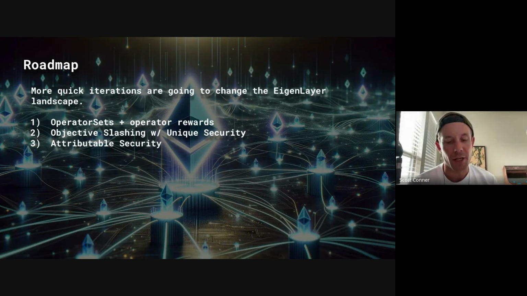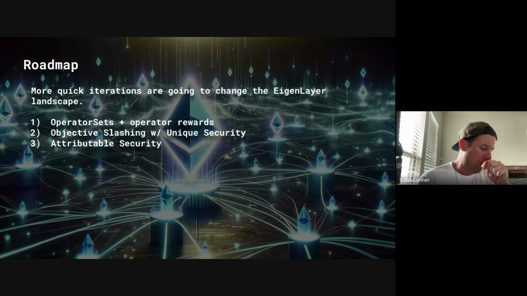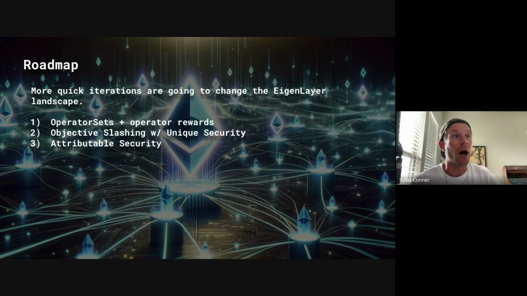The recommendation here would be to make sure that only those people are registered in your operator set. We have something called standby mode. So if somebody's signing rate isn't high enough, you can kick them into standby mode and then they won't get paid or slashed while they're in standby. And then if they're in standby, an AVS could opt to add them back into the set.